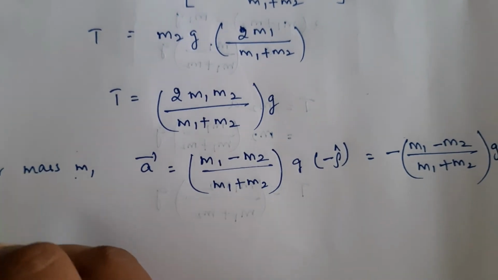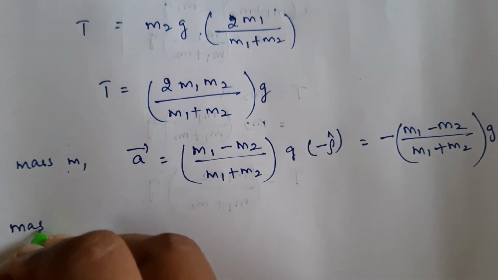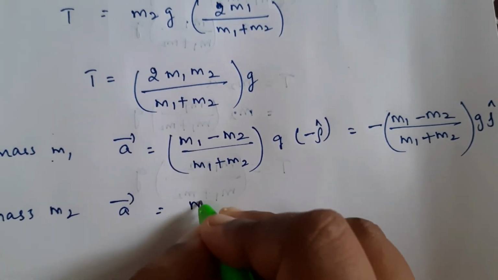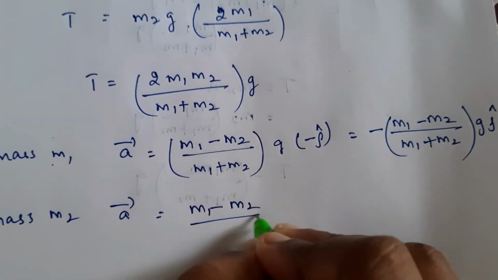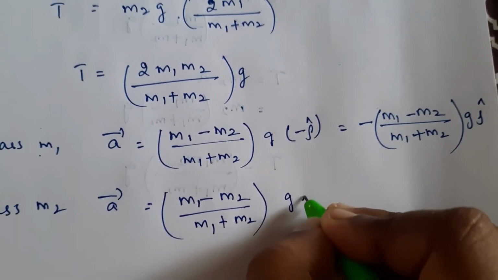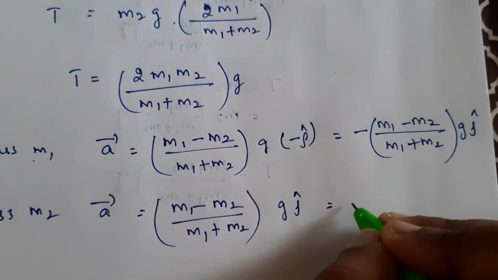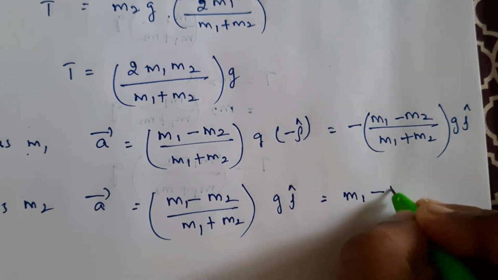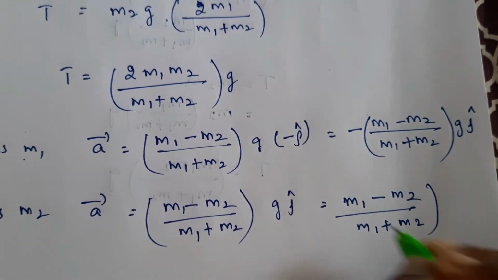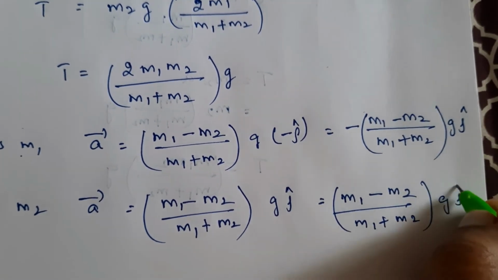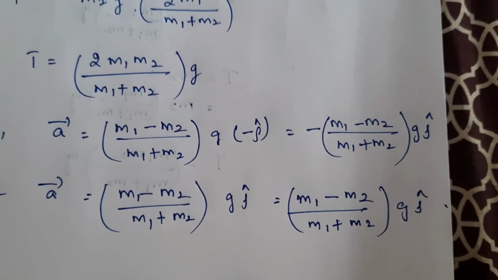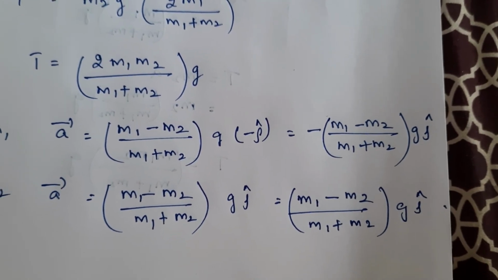Now for mass m2, a vector is equal to (m1 minus m2) by (m1 plus m2) into g j vector. There is no minus here because this is in the positive y-axis.